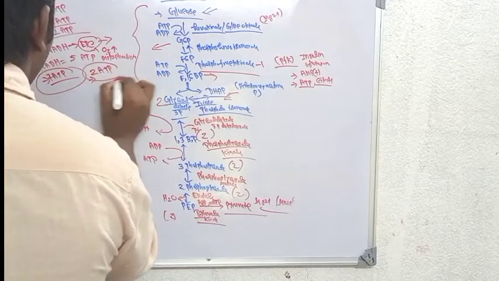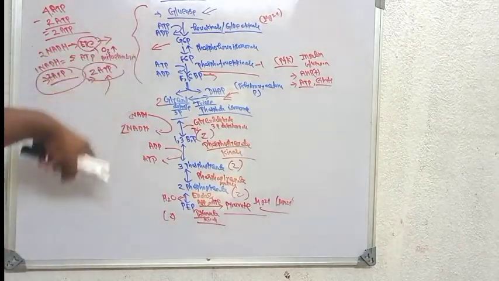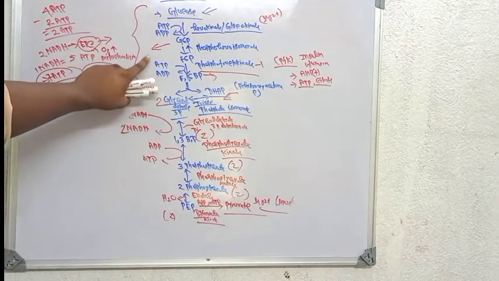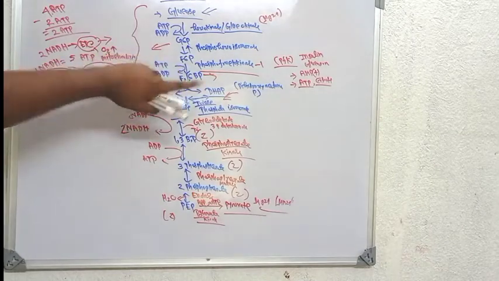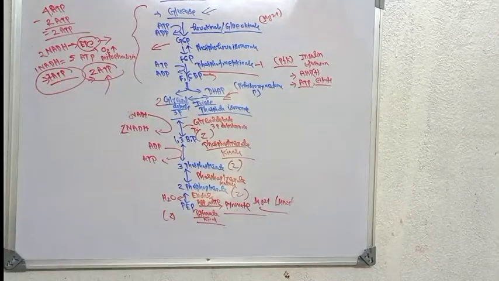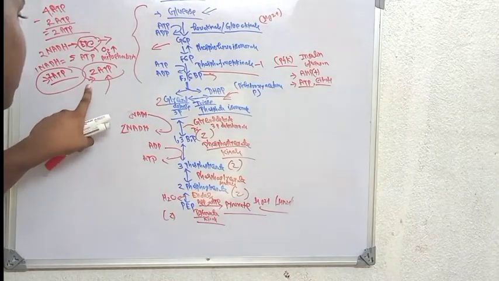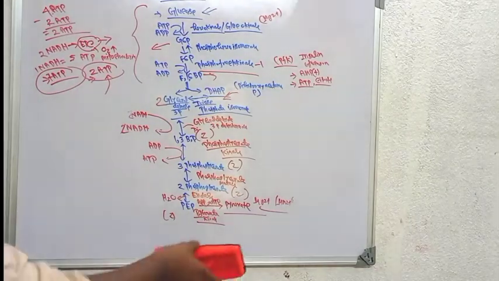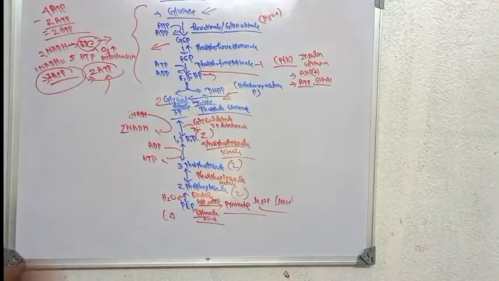But this is highly important because this is the only pathway which works in anaerobic as well as aerobic conditions, and in both it gives ATP. In anaerobic glycolysis ATP production is very low, but in aerobic conditions it is high. This is the entire balance sheet of glycolysis.